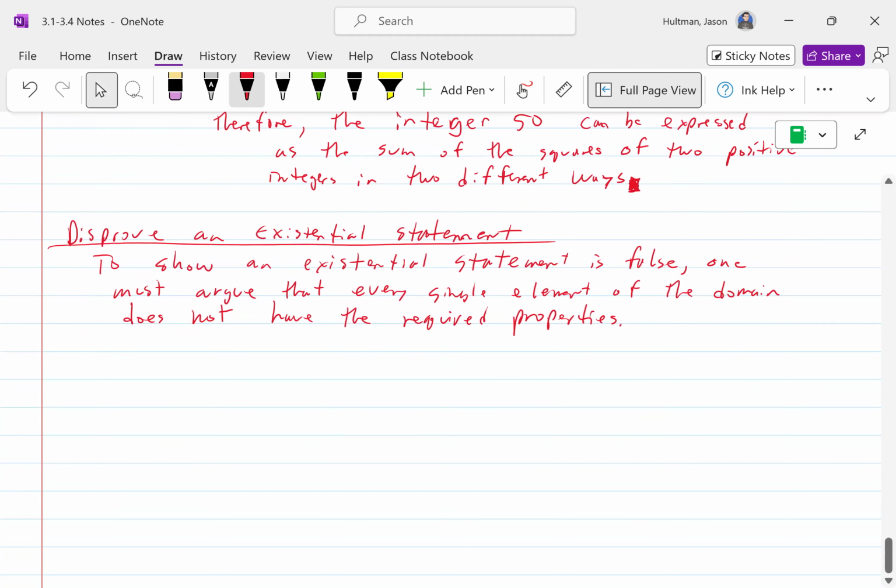Right? So it's like a formal proof. For the universal statement, we'd have to show that every one works. For an existential statement, we have to show that everyone doesn't work in order to prove it false.